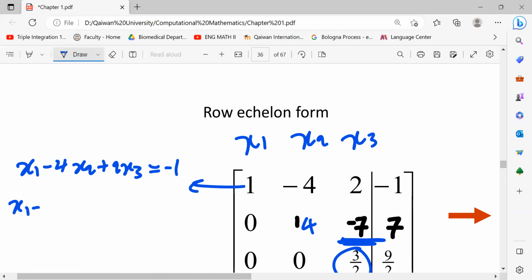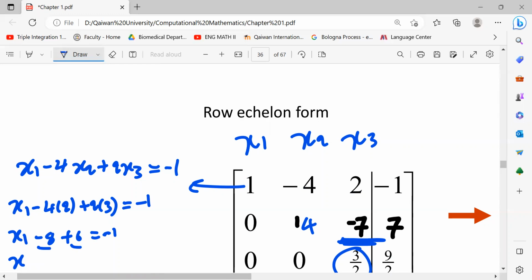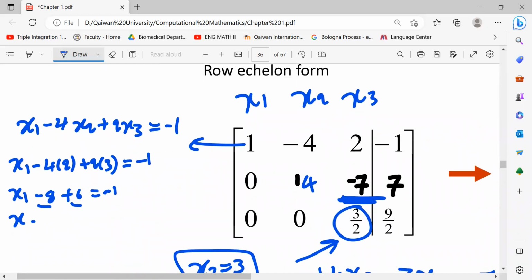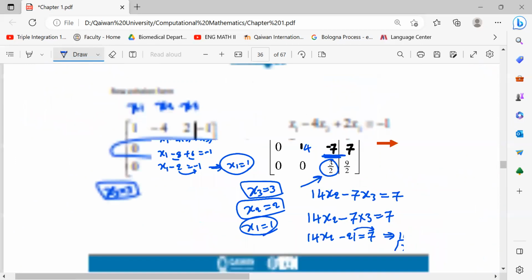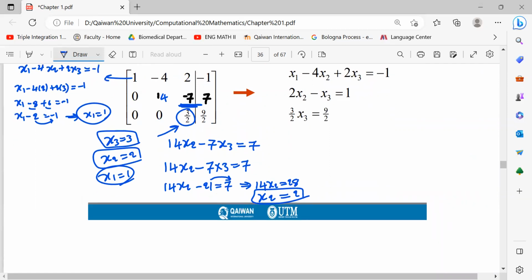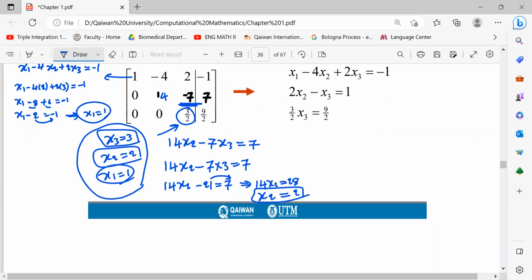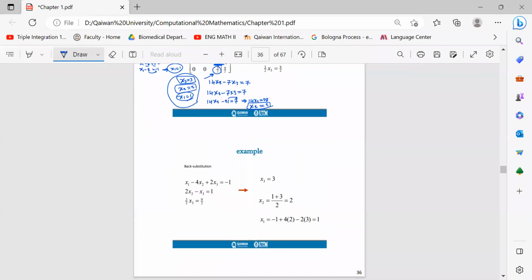We get x1 minus 4 times 2 plus 2 times 3 is equal to -1. So x1, -4 times 2 is -8, plus 6 is -2, equals -1. Moving this to here, x1 is 1. So the value of x1 is 1. These are the values of x1, x2, and x3.